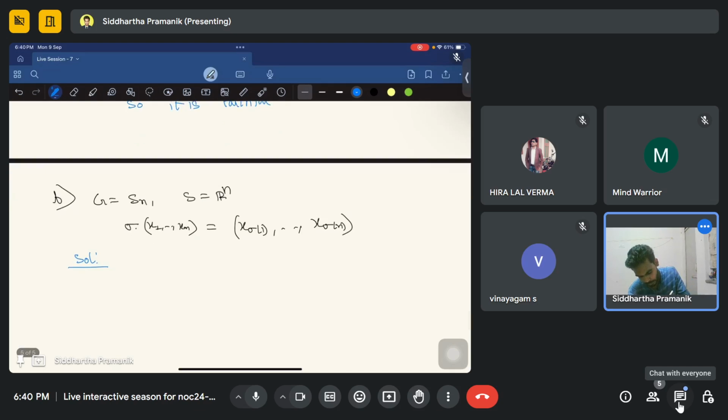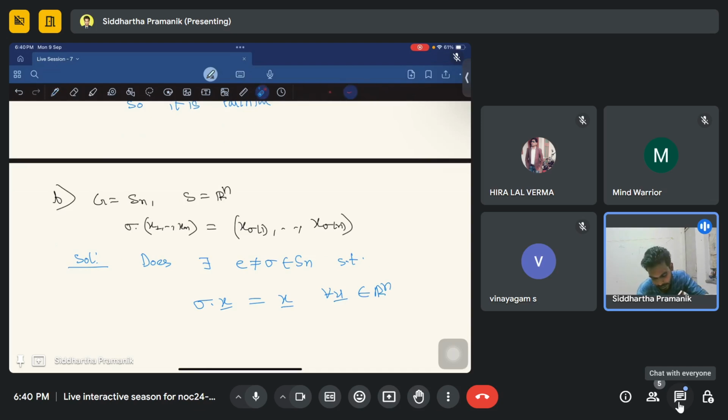So does there exist a non-identity element sigma in S_n such that sigma of x equals x for all x belongs to R^n? Does there exist any non-identity permutation sigma which does not permute the coordinates of any element of R^n?